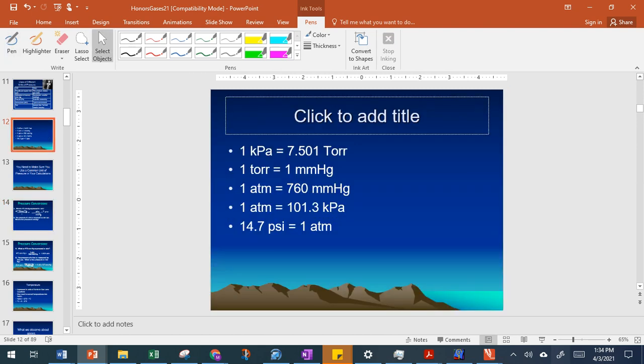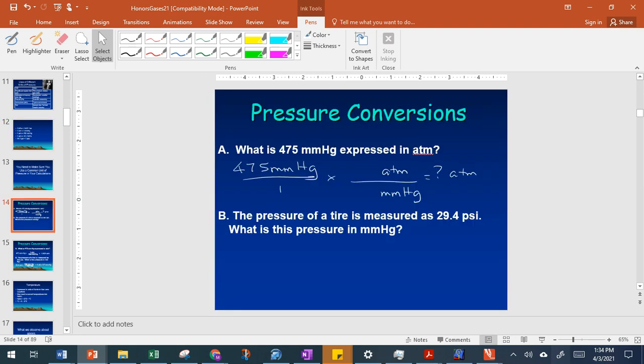We see up here that 1 atmosphere is 760 millimeters of mercury. So we're going to put a 1 next to atmospheres and 760 next to millimeters of mercury. Then we multiply what's on the top, divide by what's on the bottom, and that gives us 0.625 atmospheres as our answer. And we see here millimeters of mercury cancel out. We're left with atmospheres.